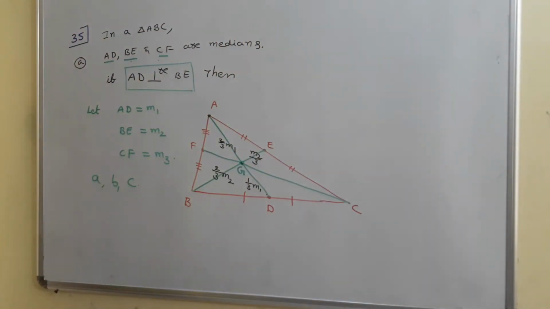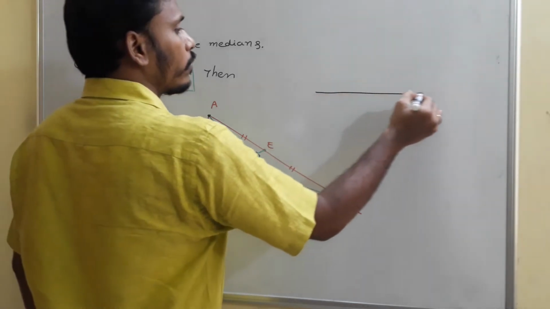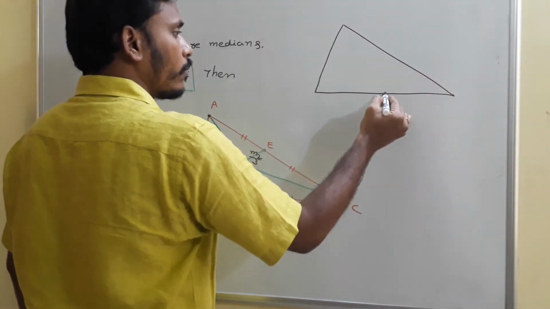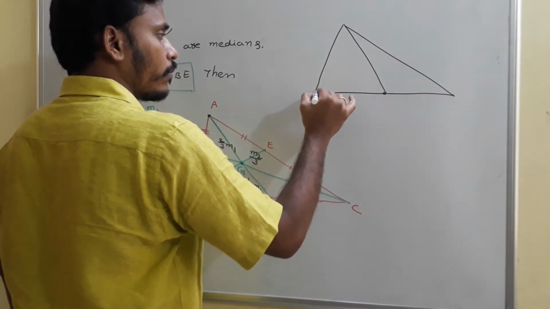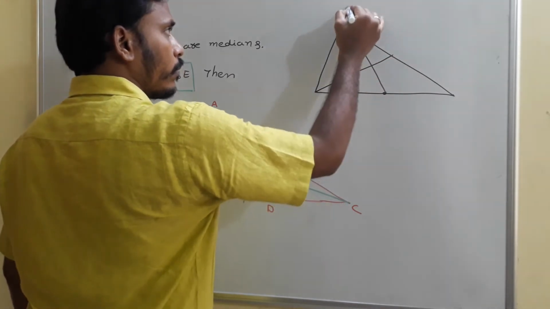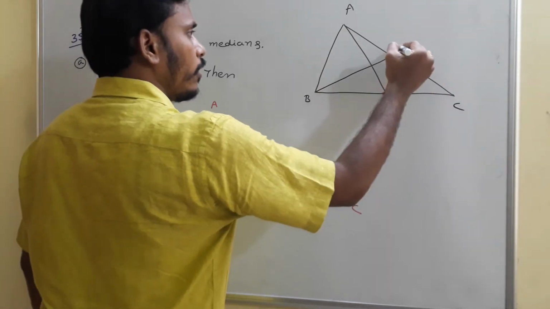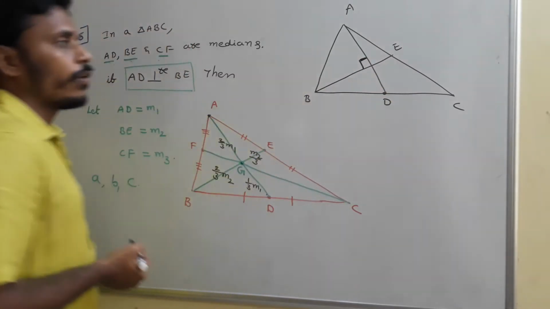Look at the diagram now. AD, BE, as they mentioned, here we have the perpendicularity between the medians.